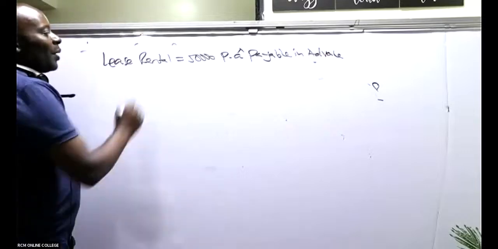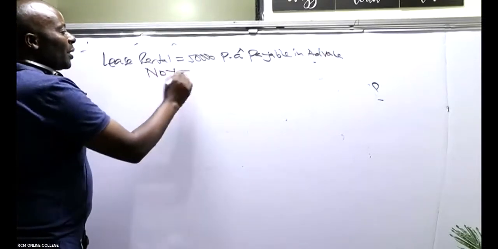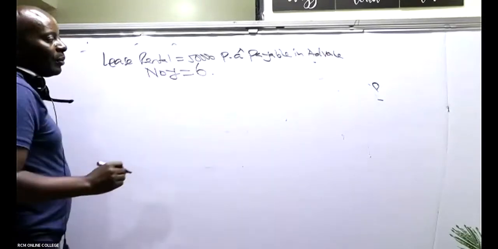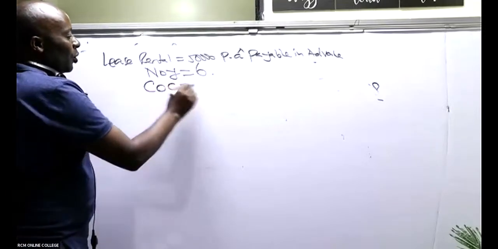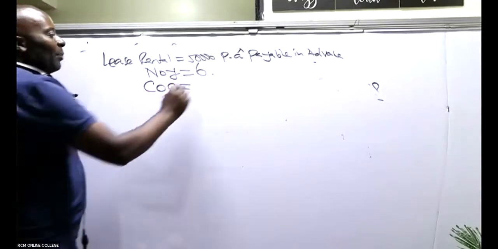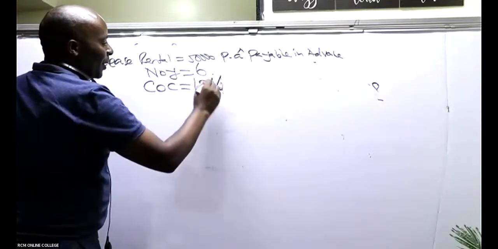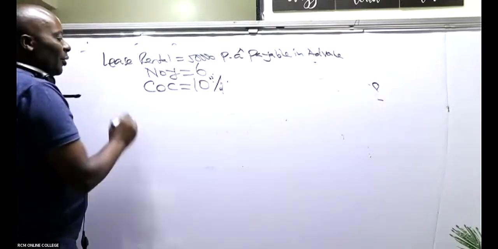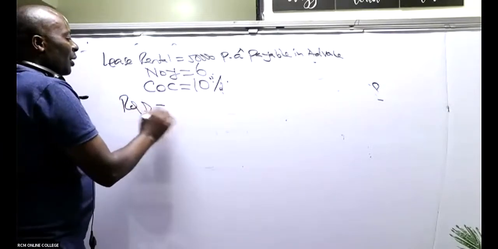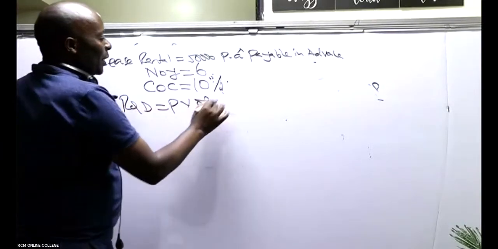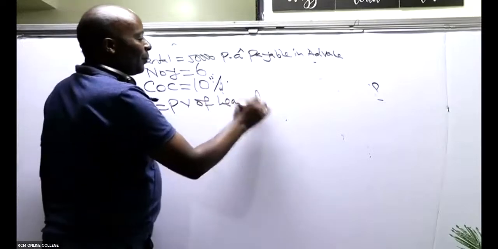Number of years is 6, for example. They'll give you the cost of capital, let's use 10%. And then, of course, you'll be required to give us the present value of lease liability.